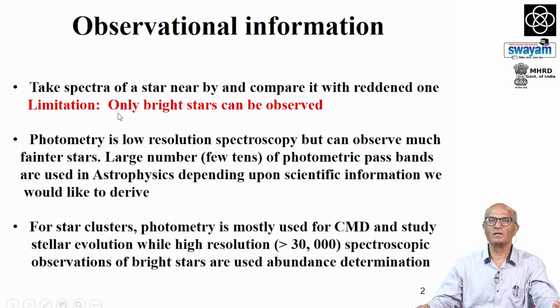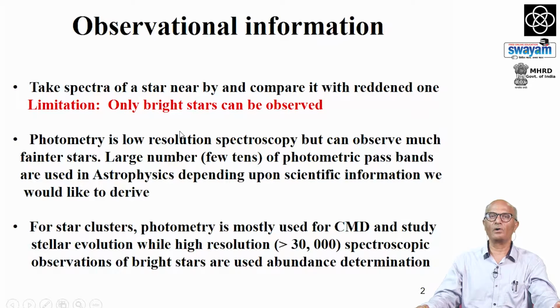But the limitation in this case is that, for getting spectra at a very good resolution, we can only observe very bright objects and fainter objects cannot be observed. It is because of this reason that astronomers long back devised a method popularly known as photometry. It means instead of taking spectra, we measure photons in certain bands.